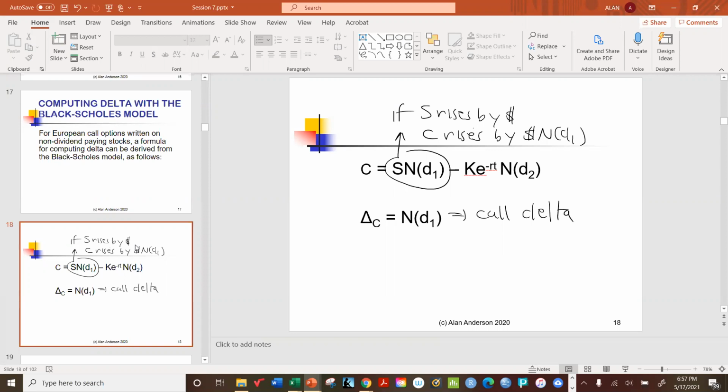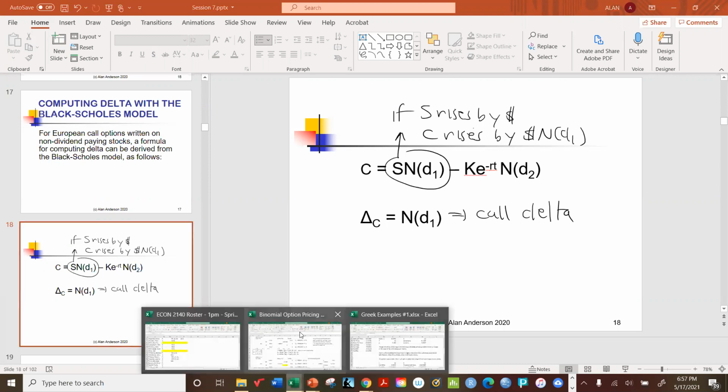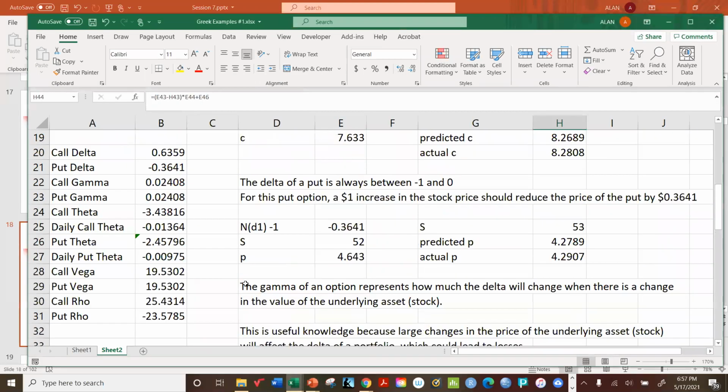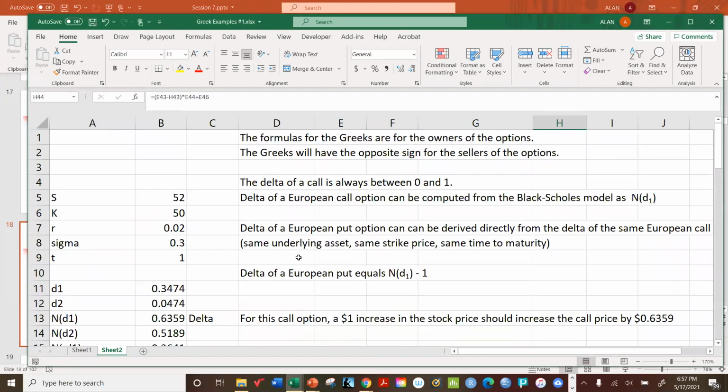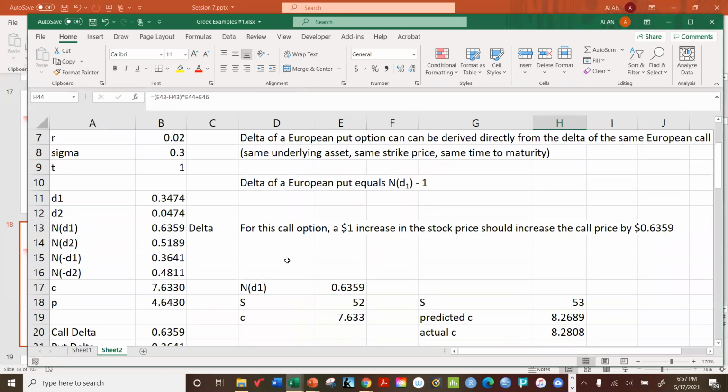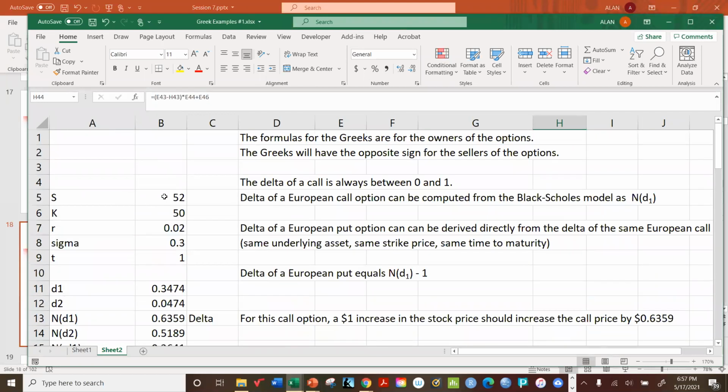And when we calculated it before, you notice it was always a fractional value. This is the one we had earlier. There was an option with a strike of 50, a stock price of 52, the risk-free rate was 2%, the volatility was 30%, and the time to maturity is 1.